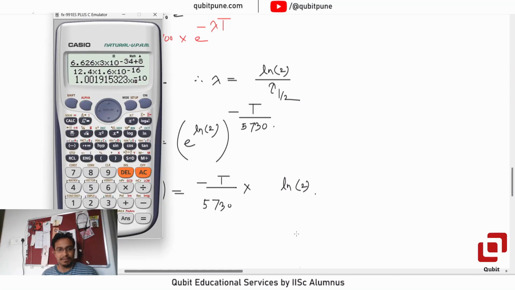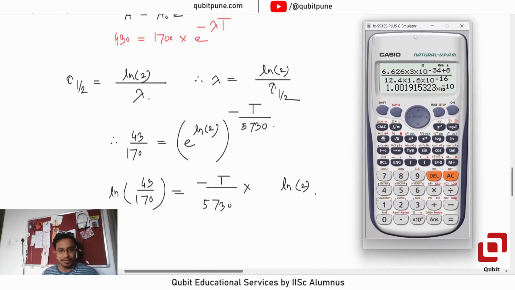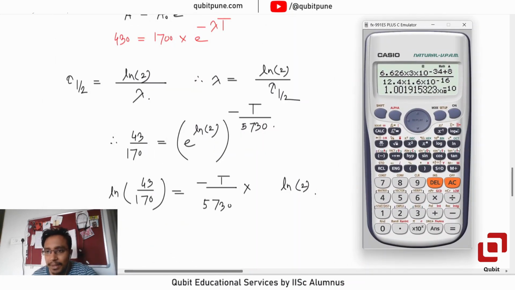Now we just need to plug in the values. Let's do it. ln 43 upon 170 into 5730 divided by negative of ln2.